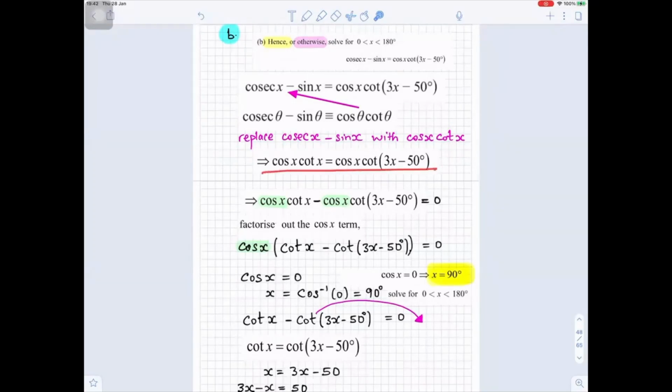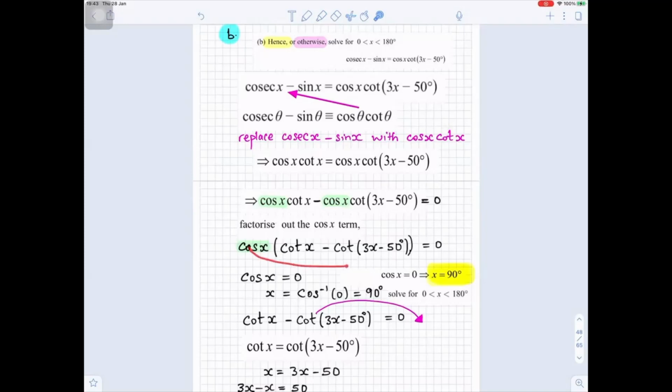This is now what we want to solve. If you notice, there's cos x on the left and there's cos x on the right. So that's common. So we factorize out cos x. So cos x on the left, cos x on the right, it comes out. We are left with cot x, and we're left with cot 3x minus 50.